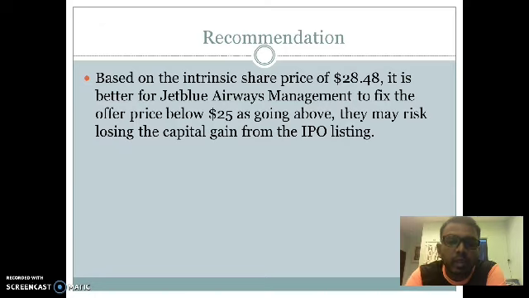After all, their intention is to gain some cash or funds from this IPO listing, so that they can work on their working capital, as well as spend some money on capital expenditure for their expansion purpose. So basically, that is our recommendation for them to fix the listing price below $25. Thank you.